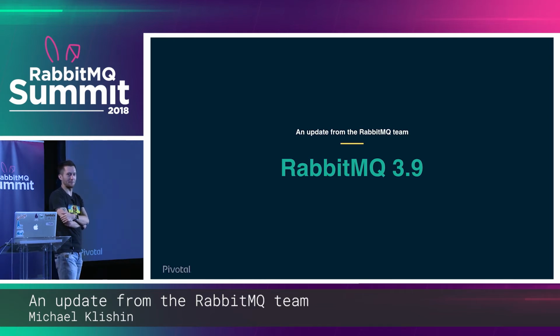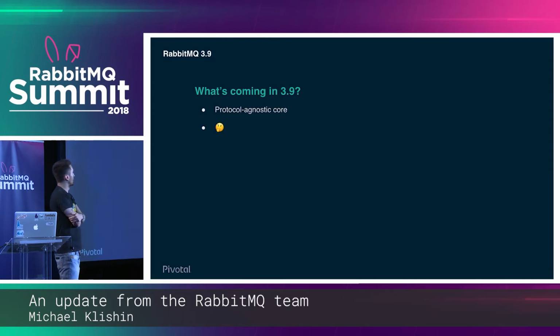How about RabbitMQ 3.9? Anyone interested in RabbitMQ 3.9 updates? We would like to get a protocol agnostic core in 3.9, and we will see why when we discuss 4.0. Yes, there will be 4.0, and the rest is on the table. So if you have ideas about what you would like us to address, anything that's not major breaking changes, let us know.